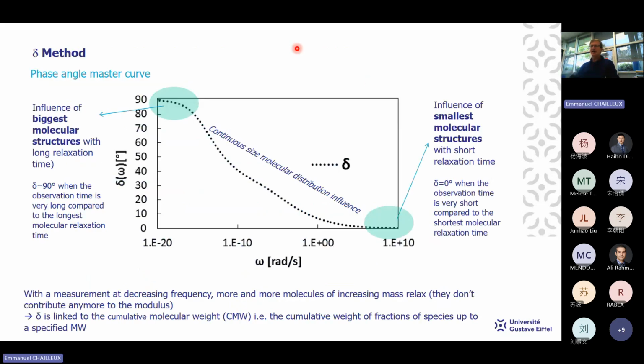So we have adapted this concept using the phase angle master curve, because we think the phase angle master curve is very useful for this. You see here that at a very low frequency, we are in the Newtonian domain at 90 degrees, and at the very high frequency domain, we are in the elastic state, and in between, we have a continuous curve showing the influence of a continuous molecular size distribution on the phase angle.